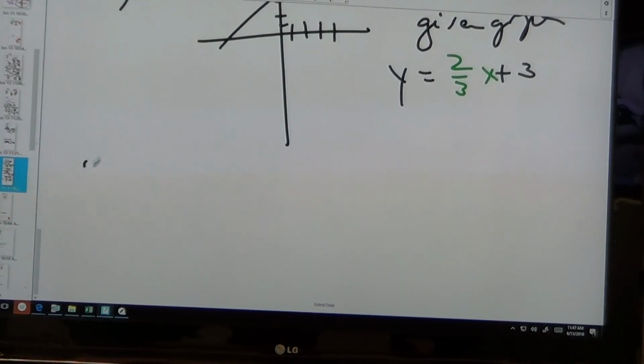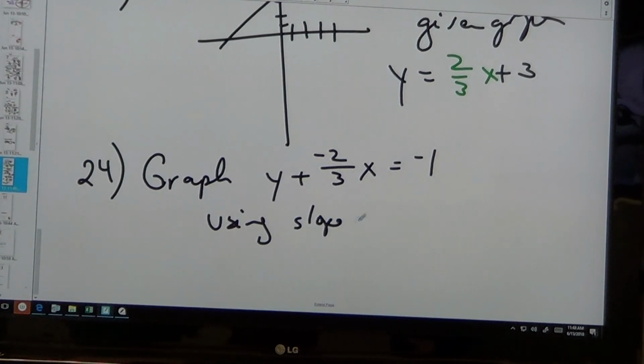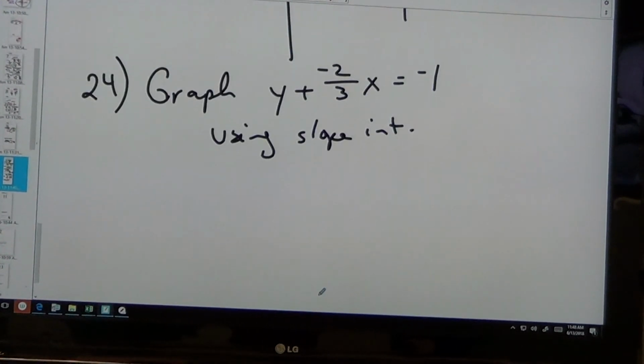And then number 24, I will say something like graph y plus -2/3 x equals -1 using slope intercept. So I'm not saying do whatever you want to. I'm saying you have to use slope intercept. So that is screaming y equals mx plus b. So what do I have to do first?